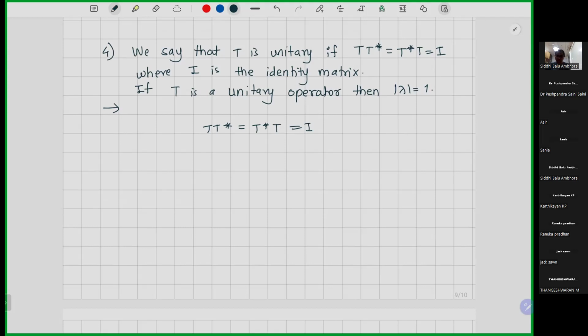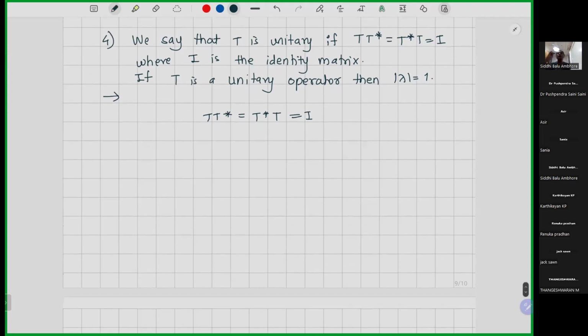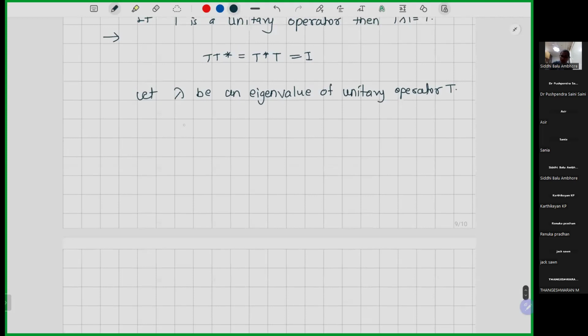Okay, if not, then they are talking about the lambda of a unitary operator. So let us first start with: let lambda be an eigenvalue of unitary operator T.